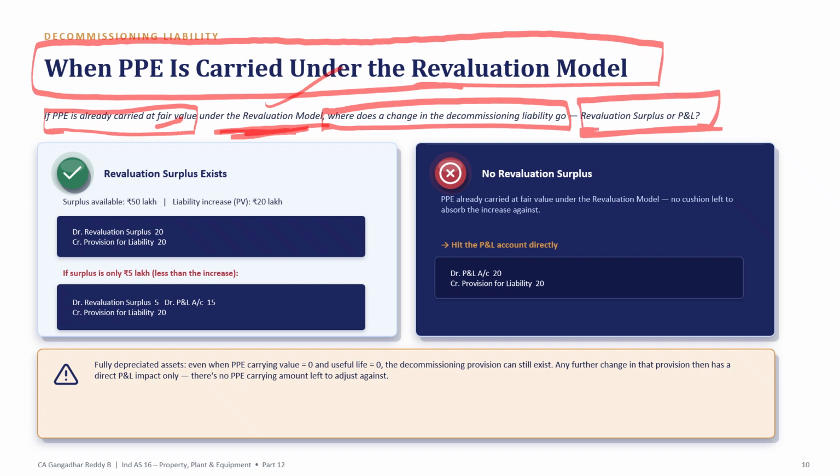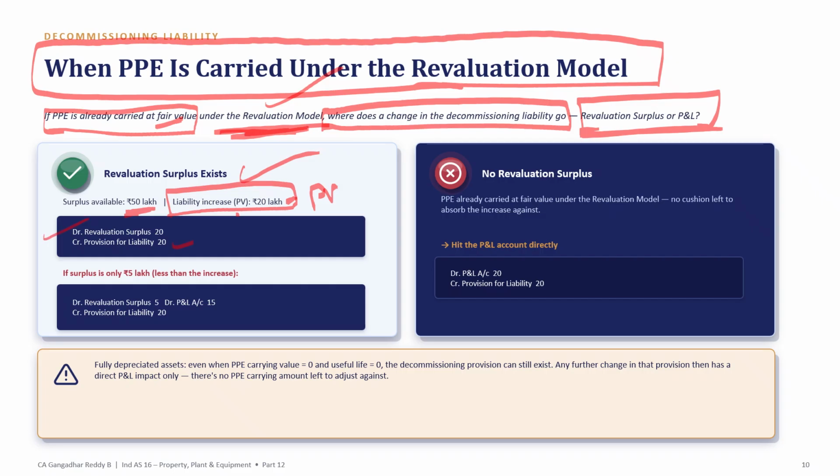Suppose the revaluation surplus exists on that day, the surplus value is 50 lakhs, but your liability increases by 20 lakhs. The actual liability may increase by 40 or 60 lakhs, but the present value of the liability is 20 lakhs. In that case, instead of increasing your PPE, because the PPE is already valued at fair value, you should take this increase to the revaluation surplus account first.